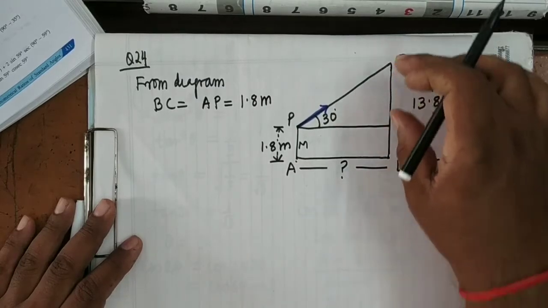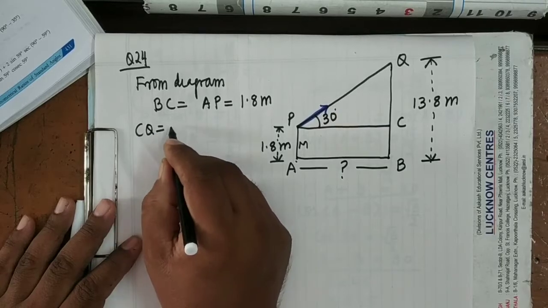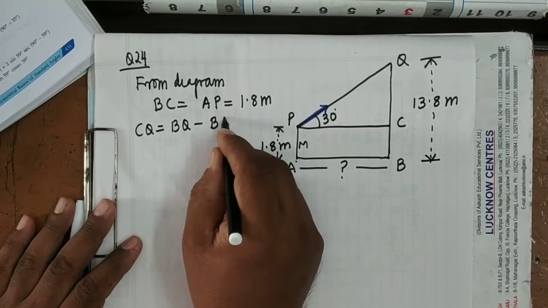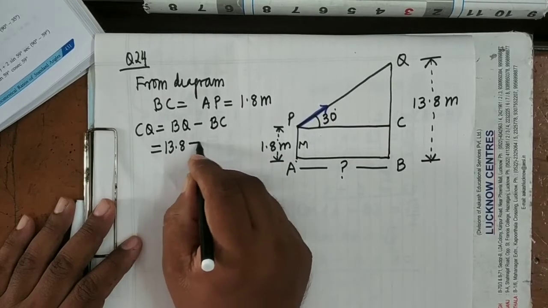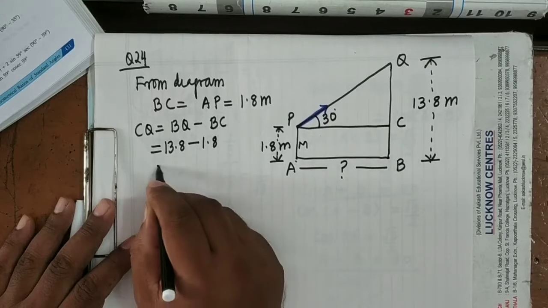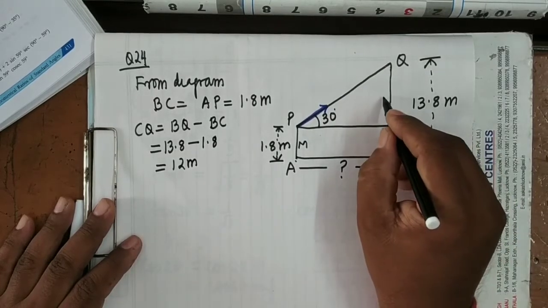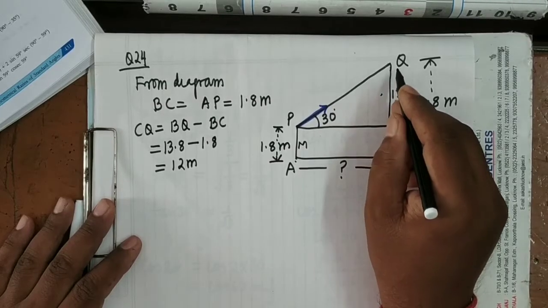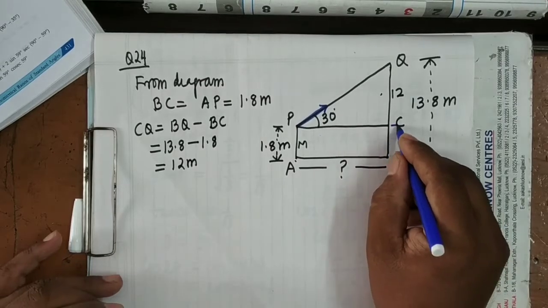Now this is 1.8, so what will be CQ? CQ will be equal to BQ minus BC, that is 13.8 minus 1.8, that is 12 meter. Means what will be the length of CQ? It is 12 meter. You have found that this length is 12 meter.